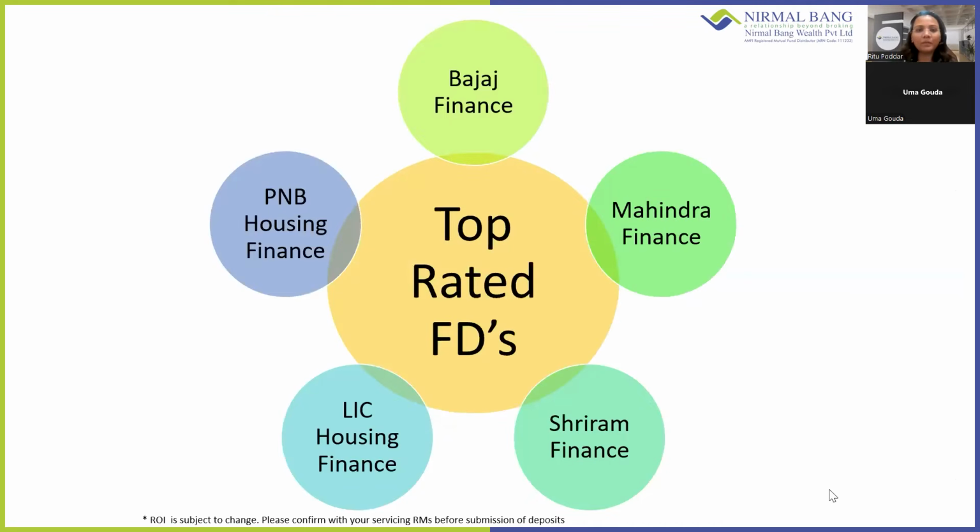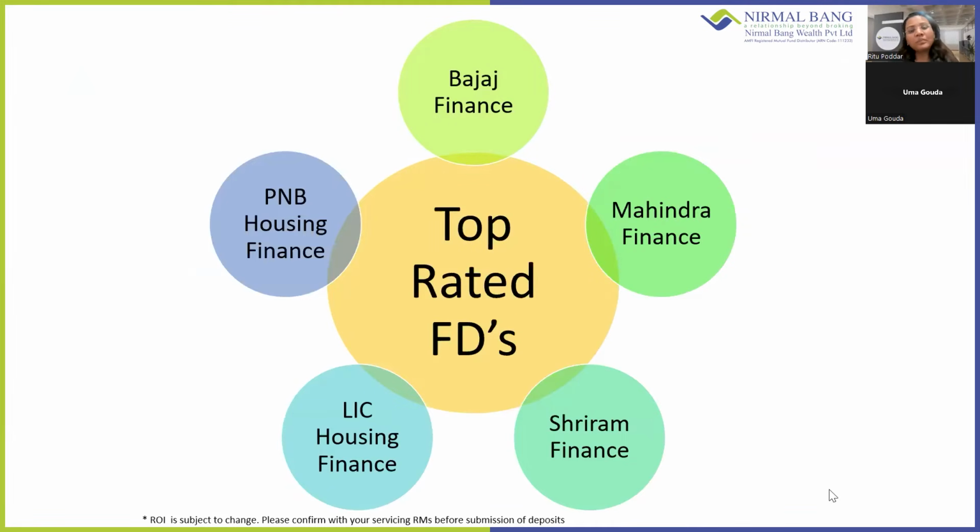We have multiple tie-ups with the manufacturers who come out with these corporate FDs, like Bajaj, Mahindra, Shriram, LIC, and PNB. You will get the rate of interest, and we keep circulating such things every morning.